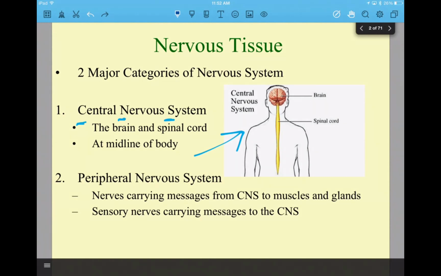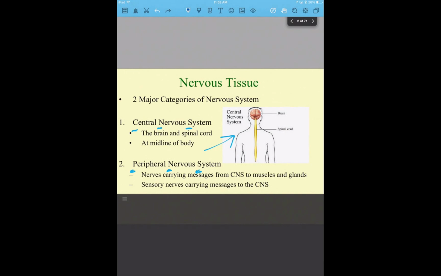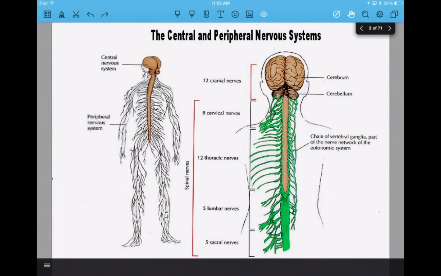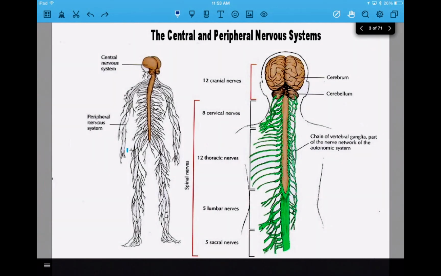Your peripheral nervous system, which is figured in the next slide here, PNS, you can think of as all the nerves that radiate from your central nervous system and out towards the edges. Let's take a look at that now. Now, if you see those fine sort of root-like structures right here, all of this, and I'll just encircle it.